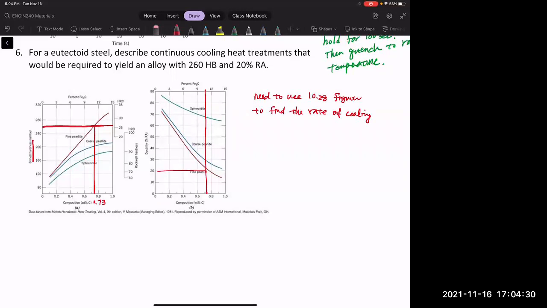If that is 4340, then you use Figure 10.29.